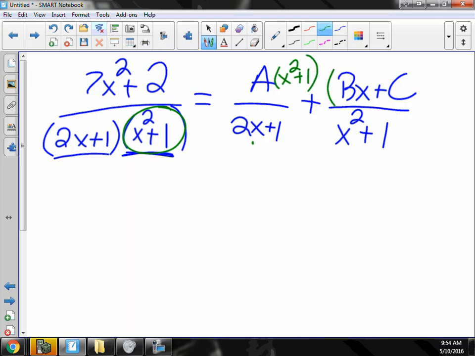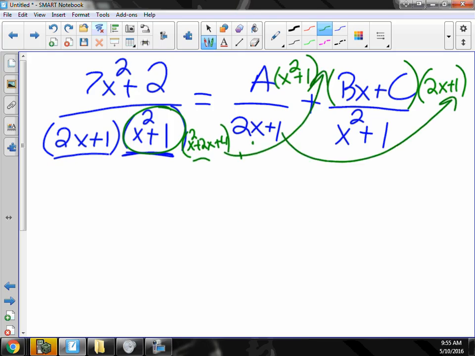And then here's where it gets a little bit messy. This one already has x squared plus 1, so we multiply by 2x plus 1. And you can see the bigger your denominator is, the messier it's going to be. If we had another, let's say, x squared plus 2x plus 4 over here, then we would have to take that and multiply it to both of those, and it gets really, really awful. But we don't, so let's not worry about it.